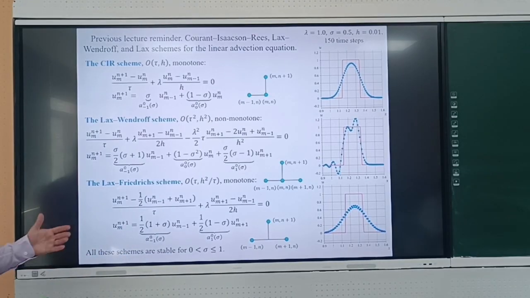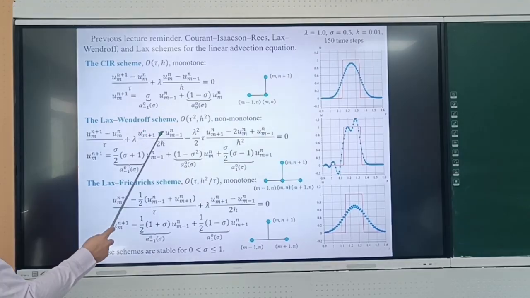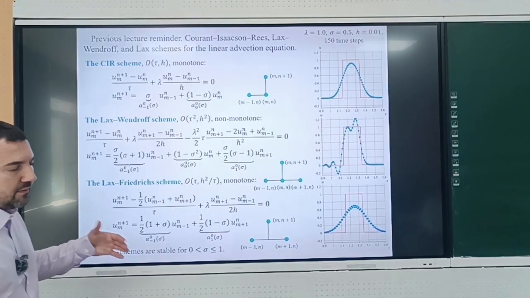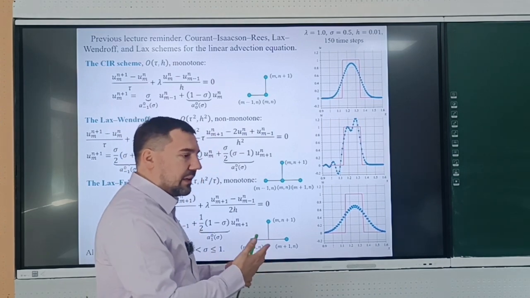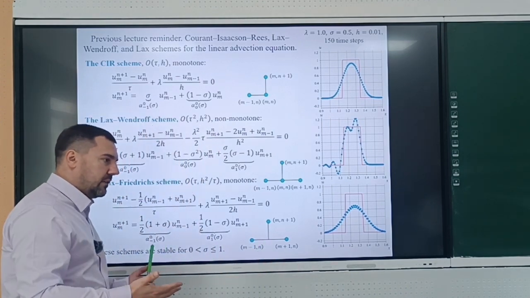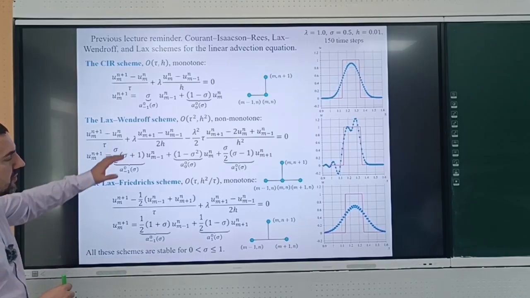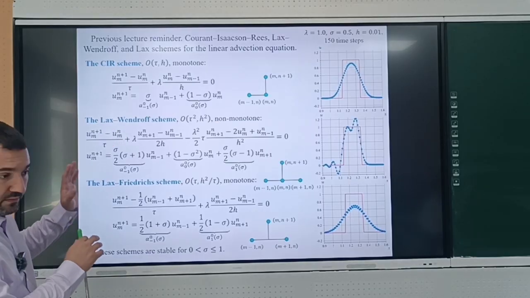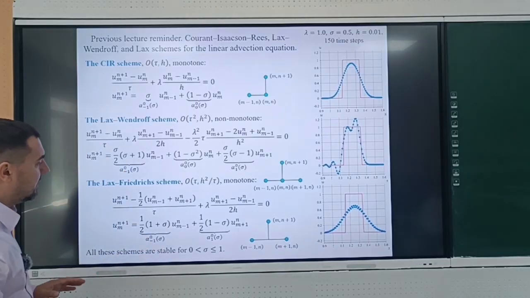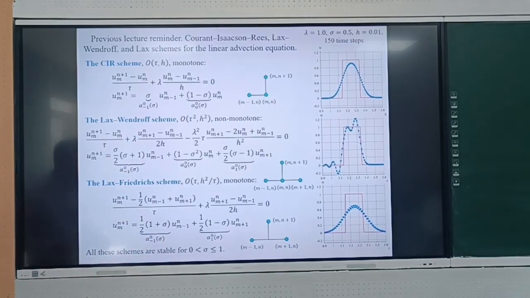We did not discuss, and we are not going to discuss, implicit schemes, where, for example, here you have n+1, and it means that on each time level you will have, generally speaking, a nonlinear algebraic equation if you solve a nonlinear problem. There are also very interesting topics in this regard, but we're not going to consider them now.